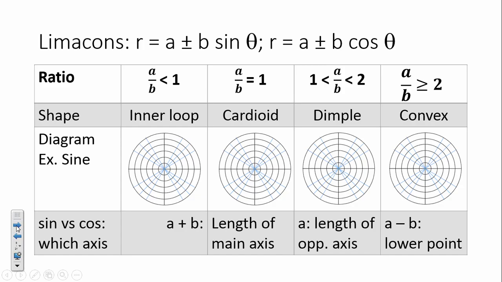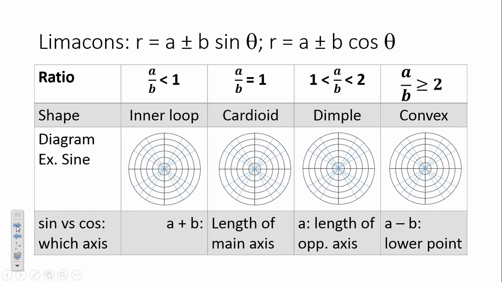All right, so limaçons are of the form r equals a plus or minus b times the sine of theta, and r equals a plus or minus b times the cosine of theta. The ratio of a over b is important because it determines the shape of our limaçon.